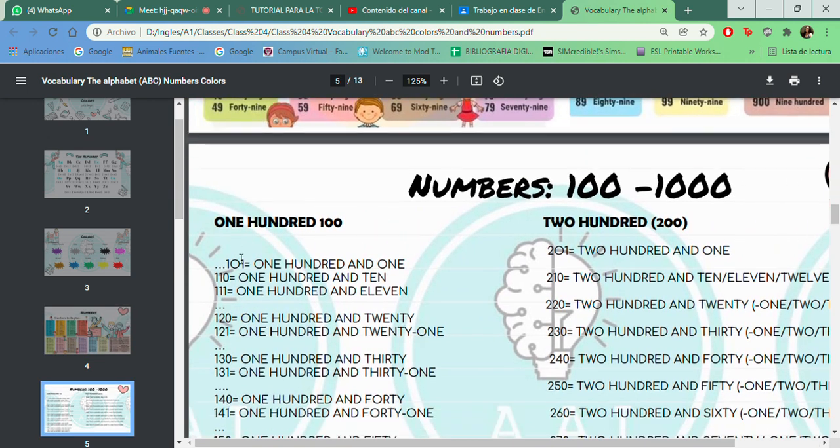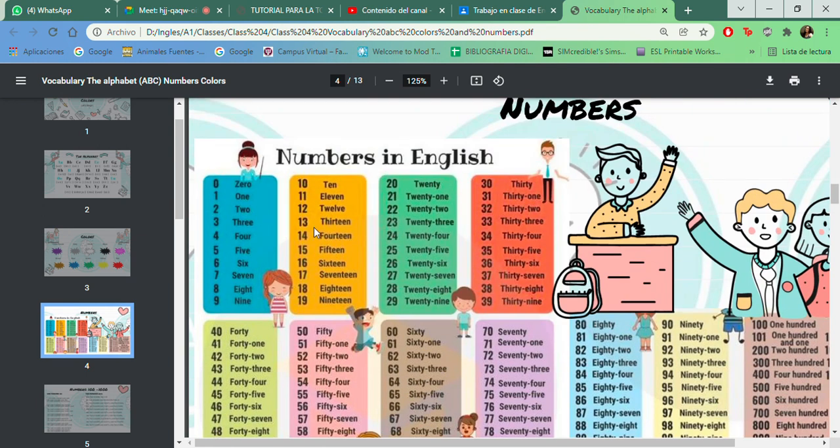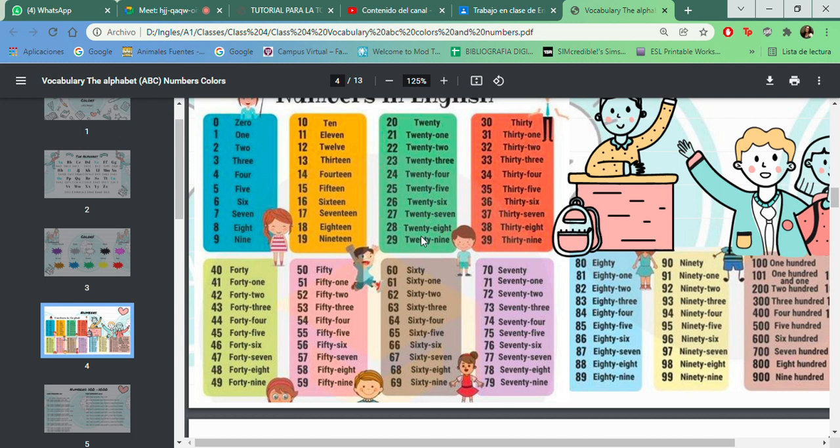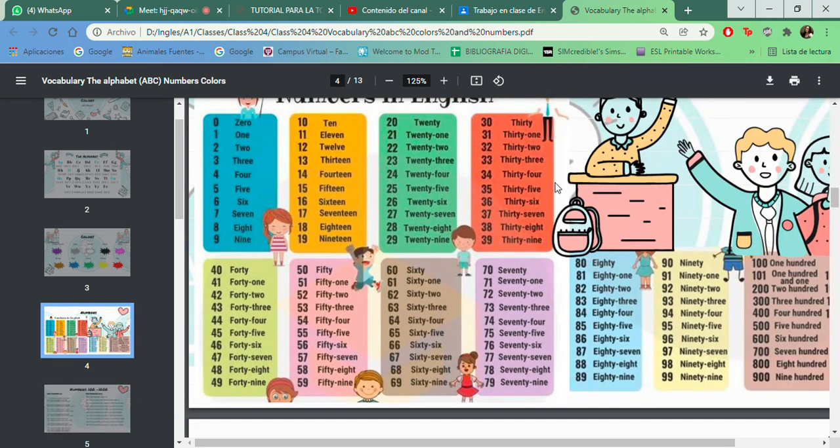You have 101, 110, 111, 112, 116, 117, 122, 123, 125. The combinations are a lot. Son muchas combinaciones. ¿Se entiende? 100 and another number here. 185, 176, 112. Son muchas las combinaciones. Okay? A lot of combinations you have.